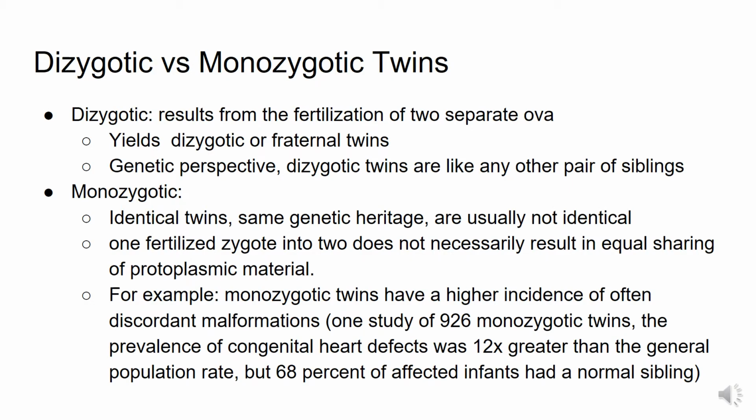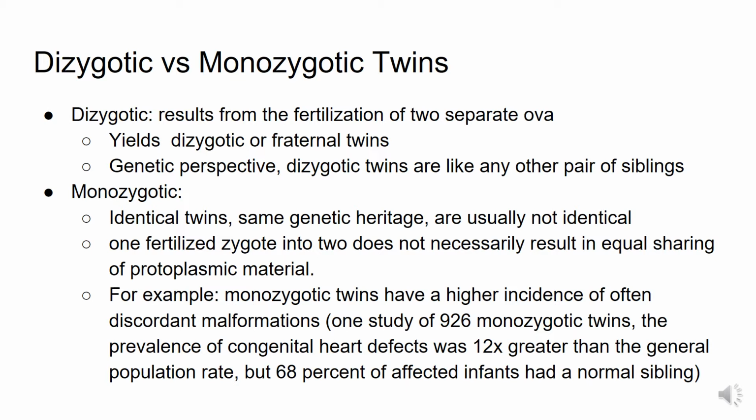And so to go into basic definitions, what is dizygotic versus monozygotic? So very simply, dizygotic results from the fertilization of 2 separate ova. So this yields fraternal twins or dizygotic twins. From a genetic perspective, they're like any other pair of siblings. This is in contrast to monozygotic twins that are referred otherwise as identical twins.